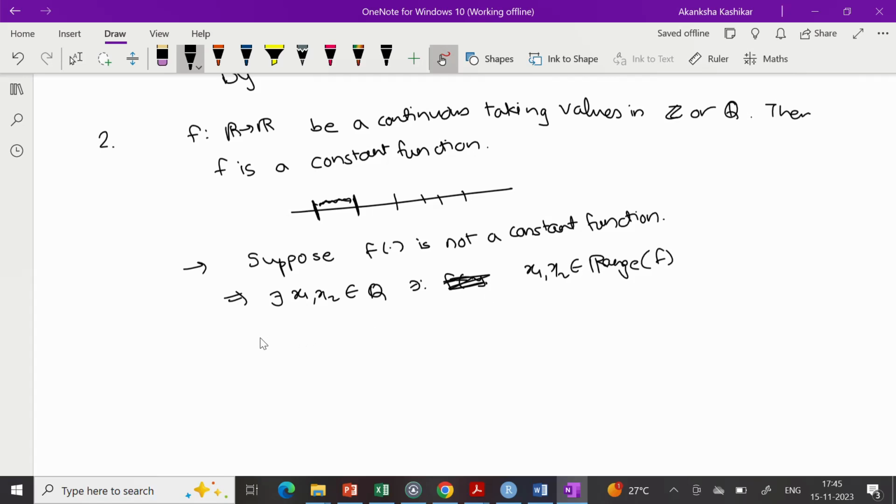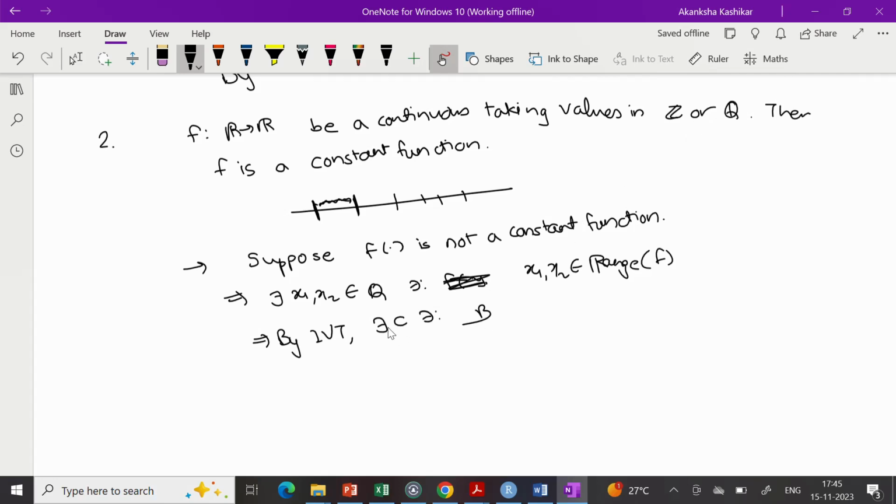Okay, this would imply, by the intermediate value theorem, that every in between value is taken. Now where the problem is, we are saying that f takes values only in Q, so f cannot take irrational values.